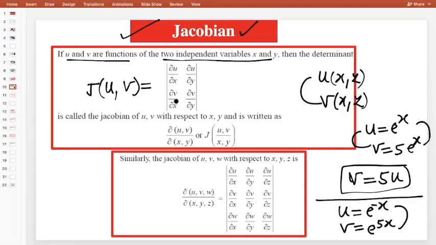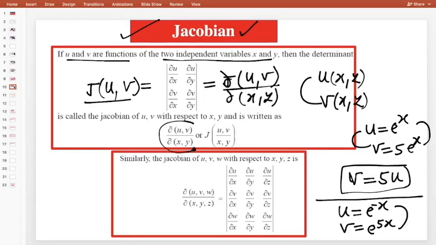Then find the determinant of this 2 by 2 matrix, and that is called the Jacobian. It is also sometimes represented as J of u, v, or del of u, v upon del of x, y.